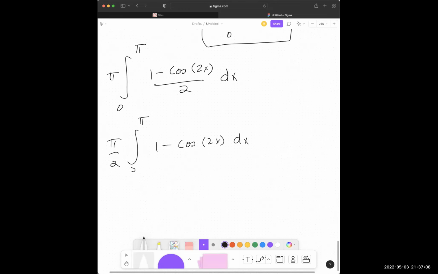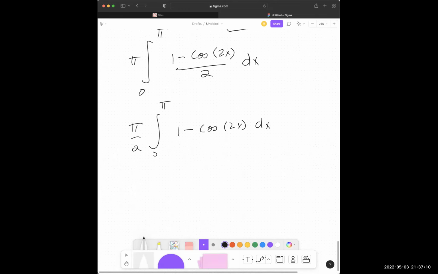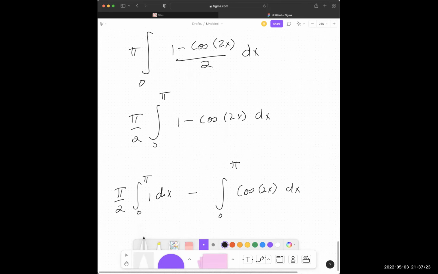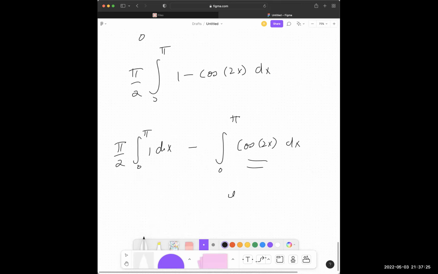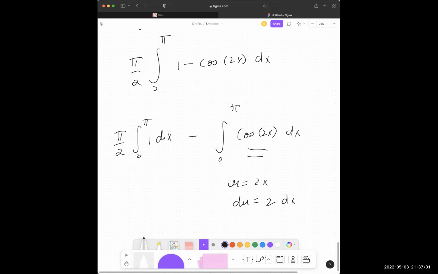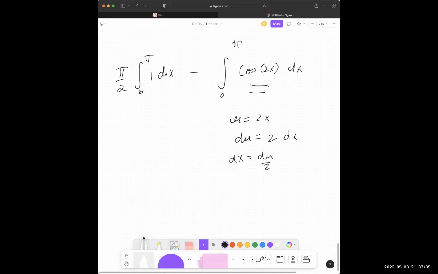Then we can break this up individually. This is pi over 2 times the integral from 0 to pi of 1 dx minus the integral from 0 to pi of cosine of 2x dx. We can do a u-sub here. We'll say u is equal to 2x, du is equal to 2 dx, and then we solve for dx: dx equals du over 2. Then we put this back and solve.